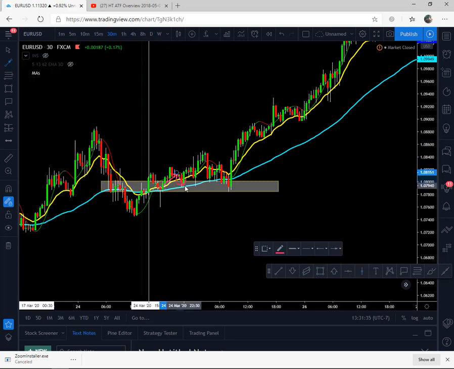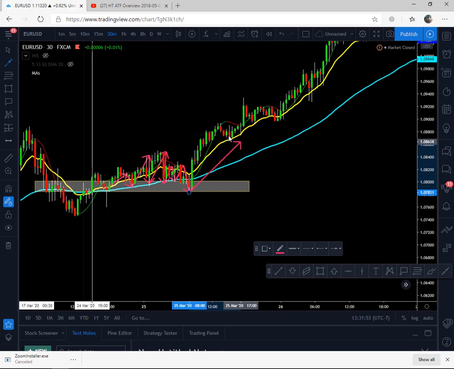Price just bouncing on that 62 multiple times. This to me represents a fake out, but nevertheless, price started to do higher highs.